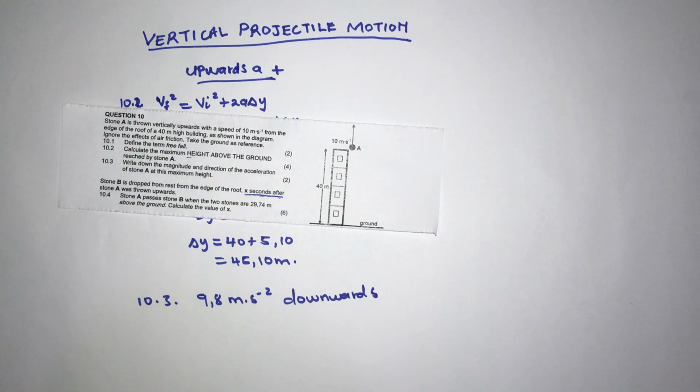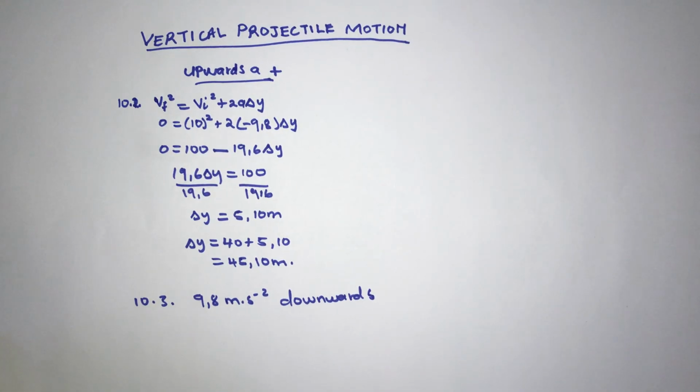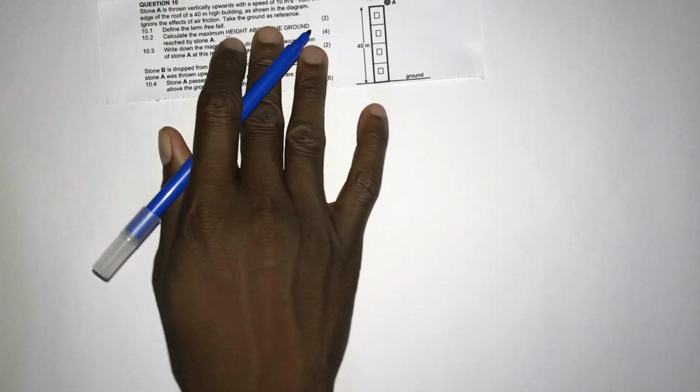Calculate the value of X. So now what's going to happen? Let's open a new page. Now we're going to talk about 10.4. In this question, we want to know the value of X because that's when stone B was projected.